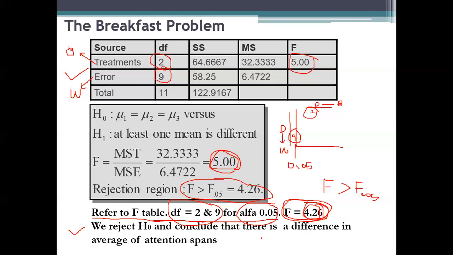Okay, so that is how we get the results of comparison between three groups by using the one-way ANOVA analysis of CRD design. Now it does not stop here.